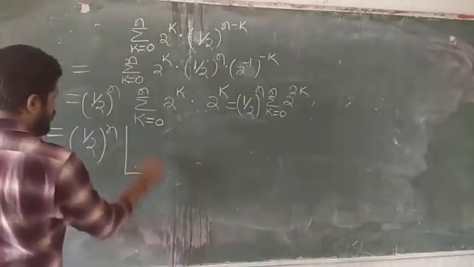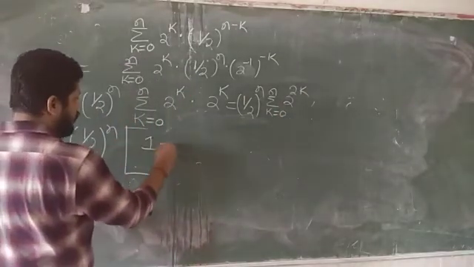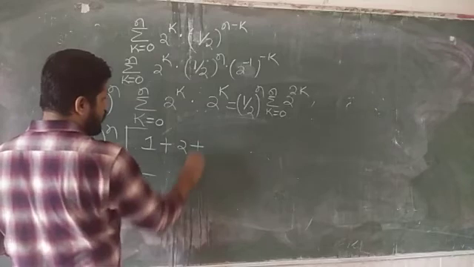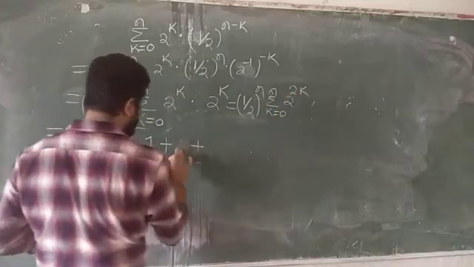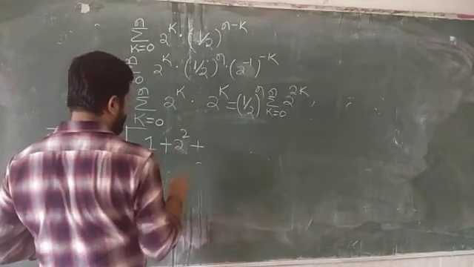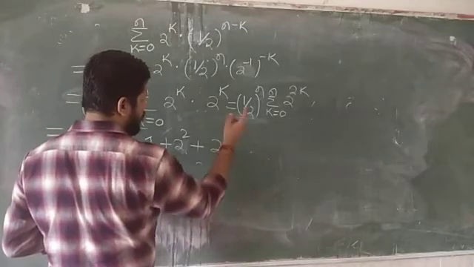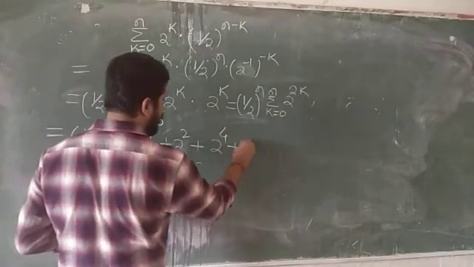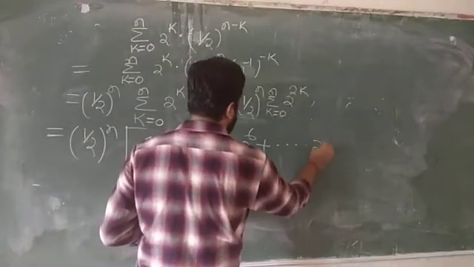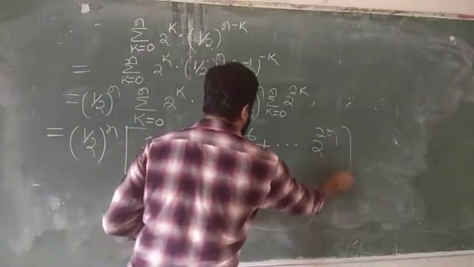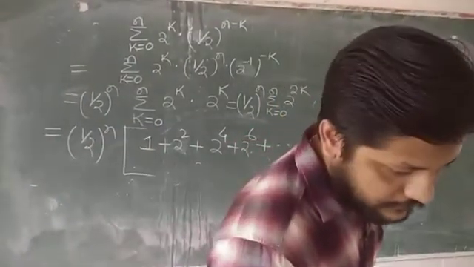So when we put k is equal to 0, this value 2 to the power 0, that means 1, then we have 2 square, why? Because k is equal to 1, 2 square, that is 4, plus then 2 to the power 4, then 2 to the power 6, like that, up to 2 to the power 2n.